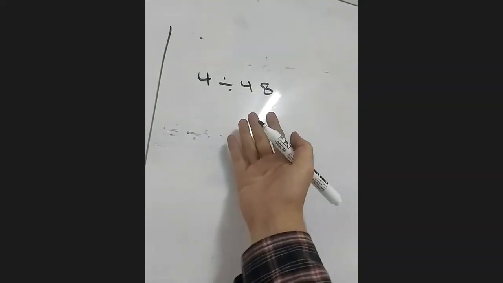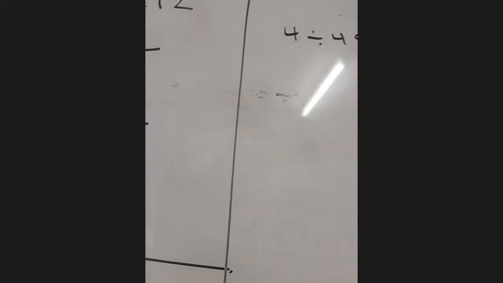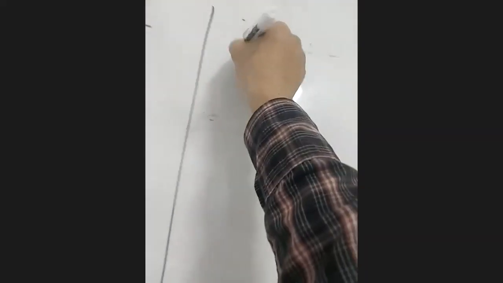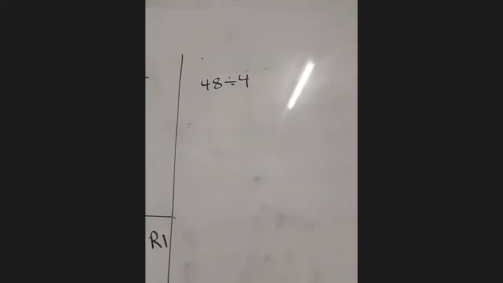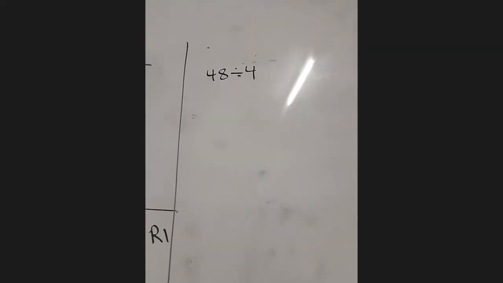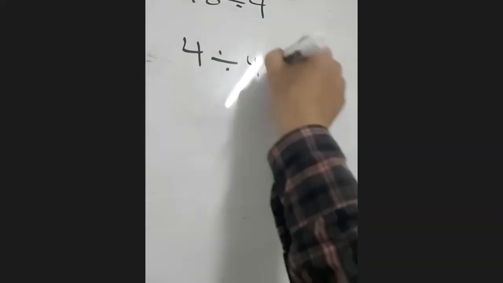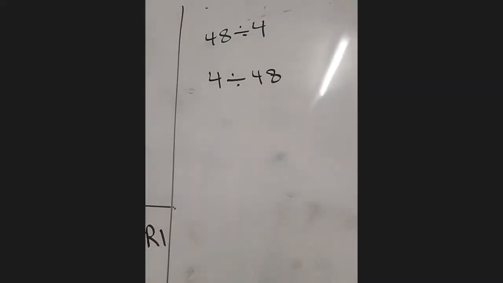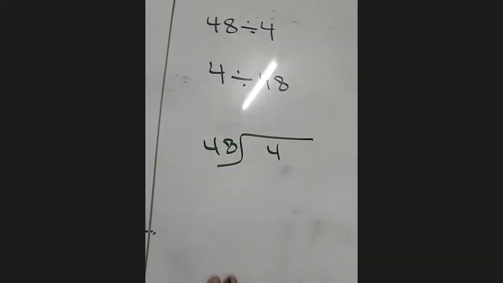This is not 4 divided by 4. This is not 4 divided 48. You mean this, right? No. I mean 4 divided by 48, not this. You need this? What will I write? 4 and here 48, right?